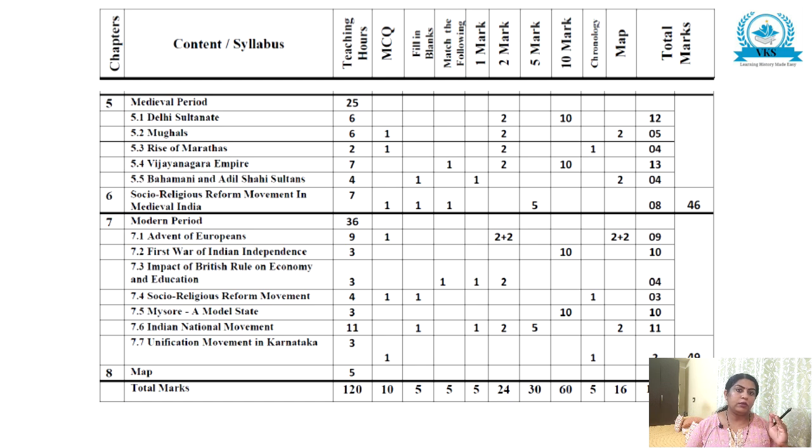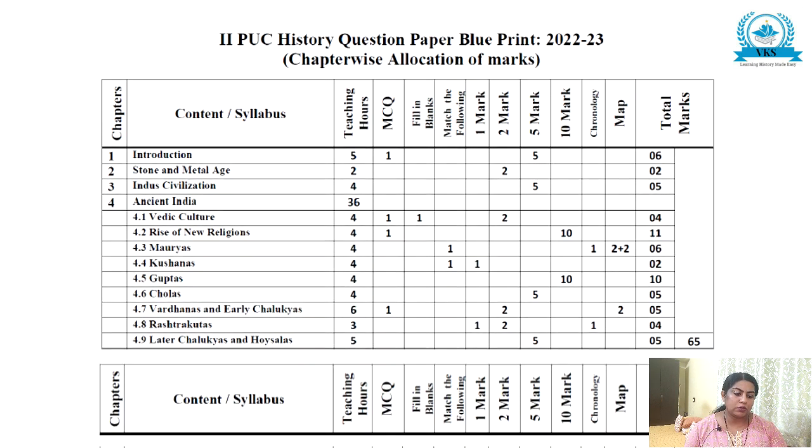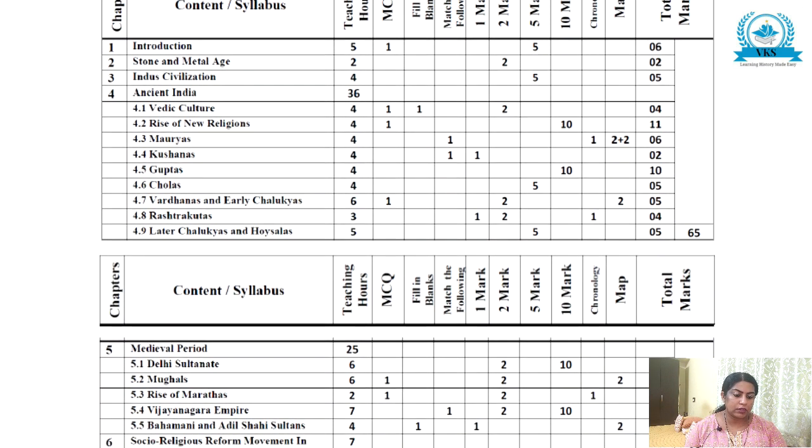The main thing you have to understand according to the blueprint is the chapters from which 10-mark questions can come. From the beginning: rise of new religions, 10-mark question can come. Gupta age, golden age, 10-mark question can come.